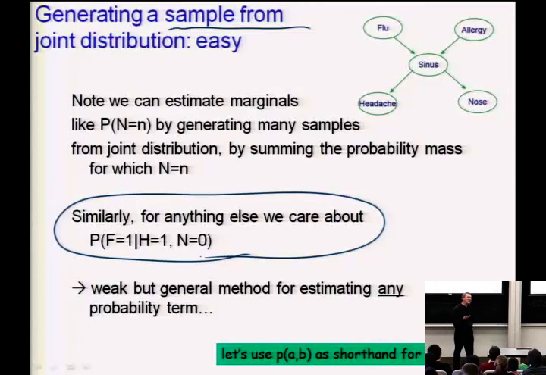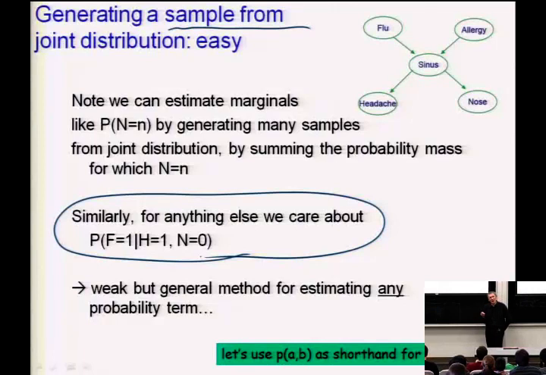But the question is how many samples you really need to collect to get a good estimate of the probability. Would you like 10 random samples to calculate the probability that n equals 1? Or would you prefer 100? Or would you prefer 1,000? Well, of course, you'd like as many as you can get.